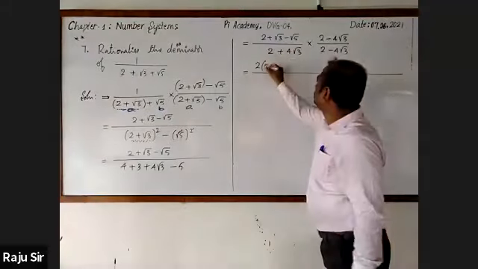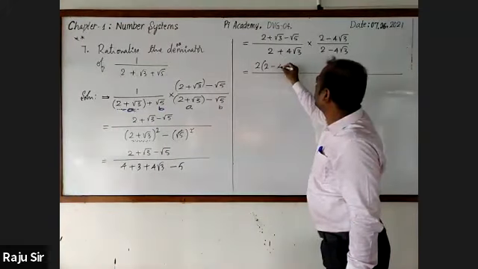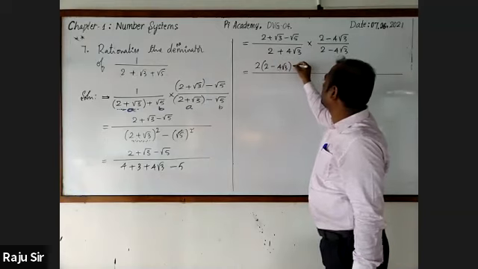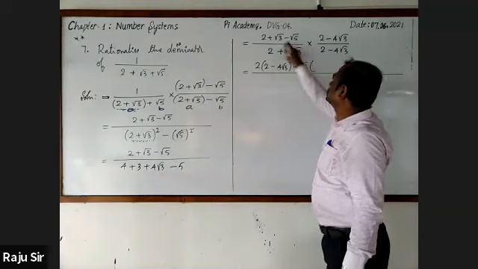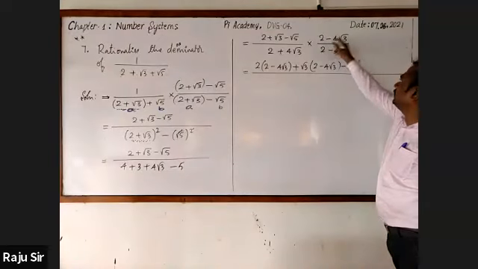Yes, sir. 2 times 2 minus 4 into root 3. Plus root 3 times 2 minus 4 into root 3. Minus root 5 into 2 minus 4 into root 3.